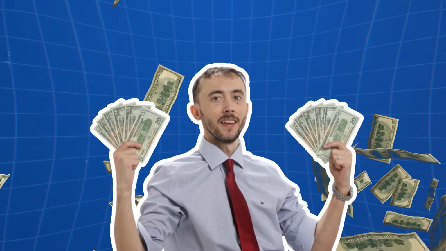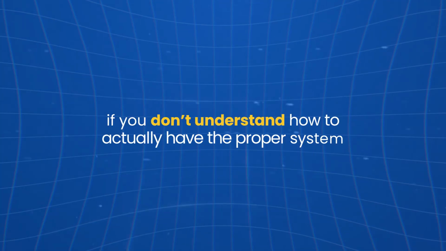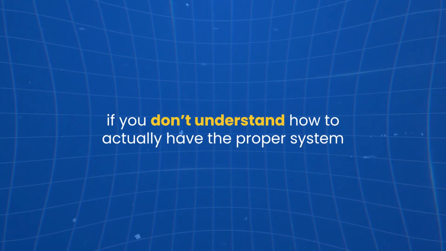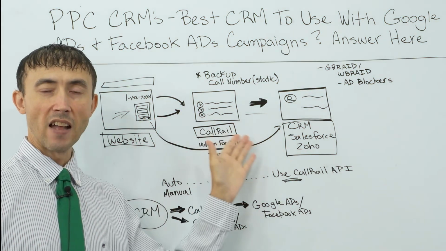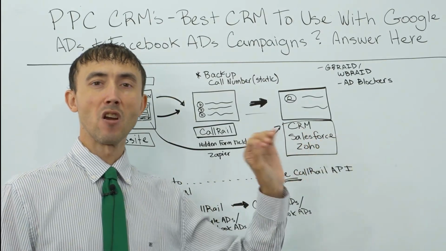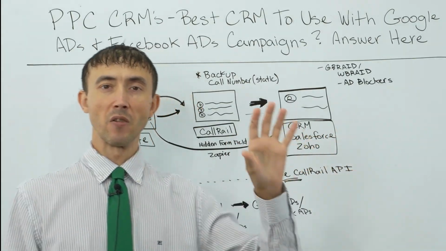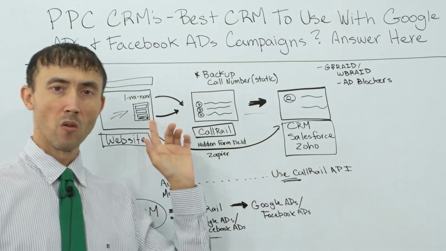You're not here to generate leads. And you got to know that stuff going in, as well as your CRM is not going to get all the data either if you don't understand how to actually have the proper system to get data from running your ads and then getting all that information to the CRM so none of it gets lost whatsoever, which the process that I told you will make sure of that.